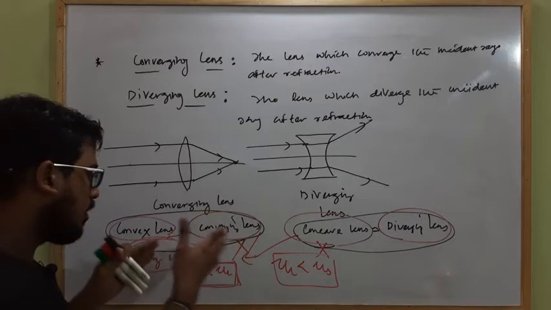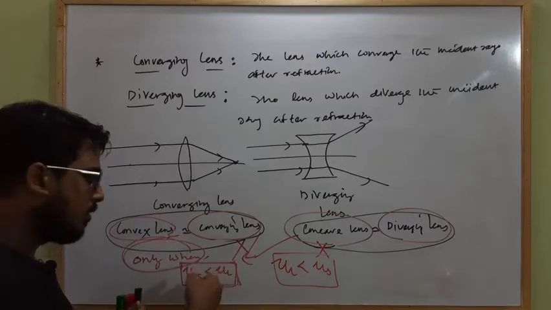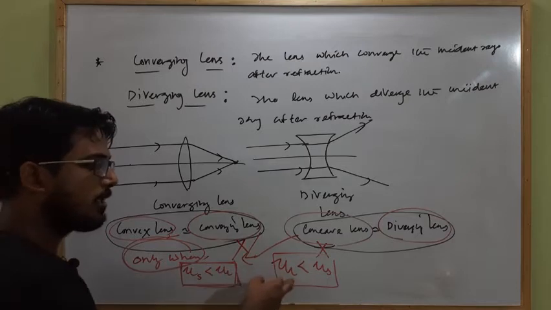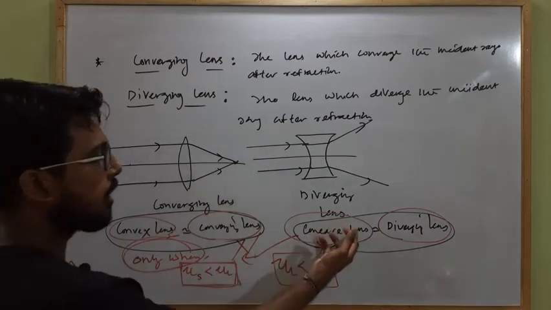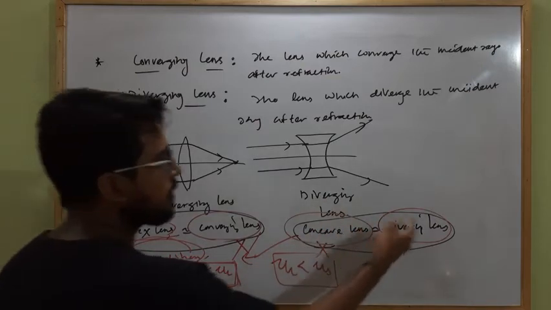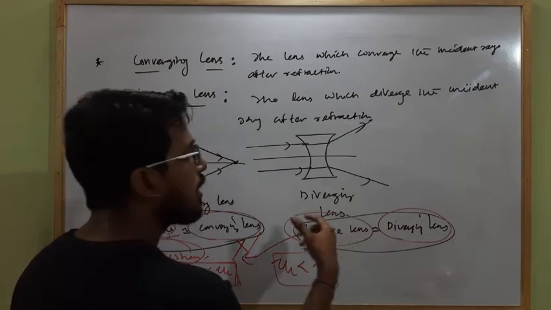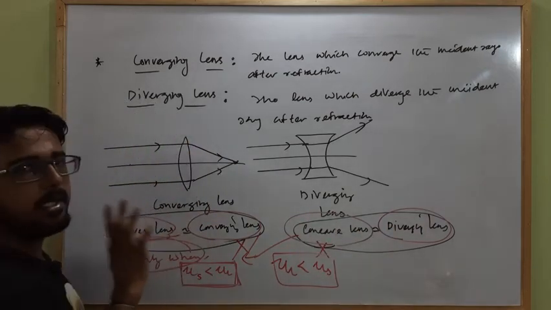But when the refractive index of the surrounding medium increases in comparison to the refractive index of the lens medium, the diverging lens, which is known as concave lens, can be converging, and the converging lens, which is known as convex lens, can be diverging.